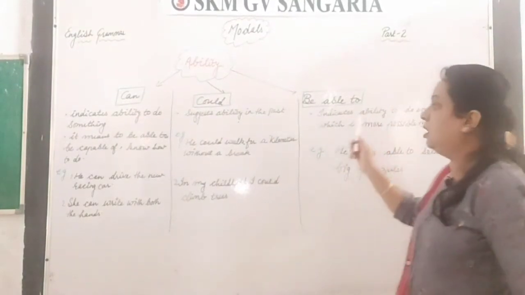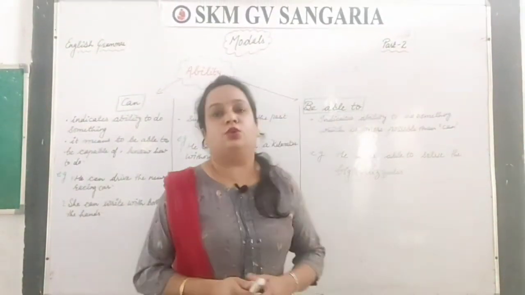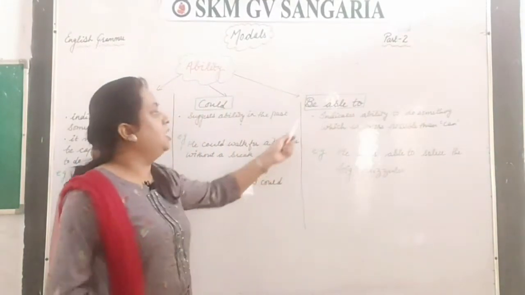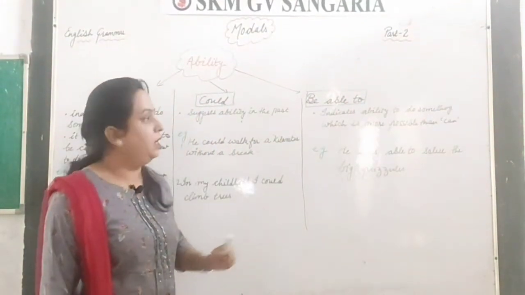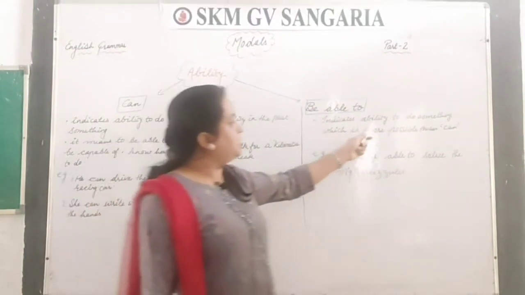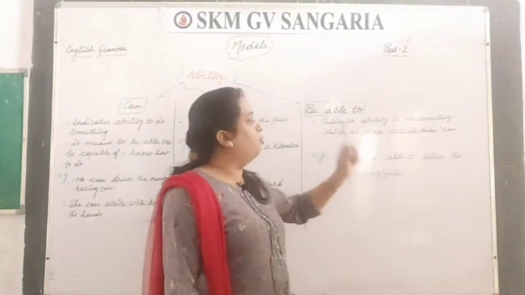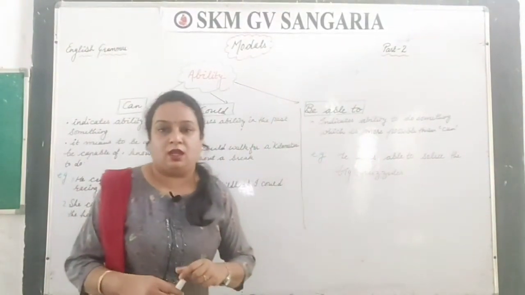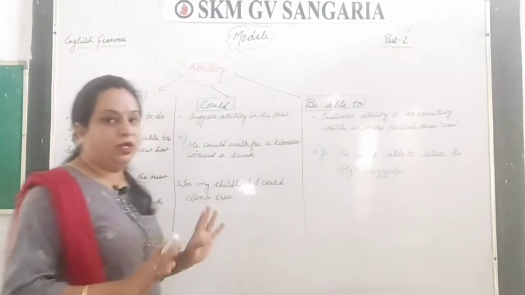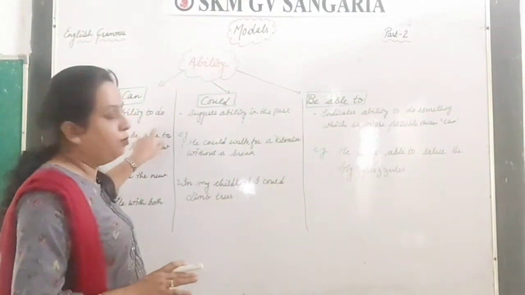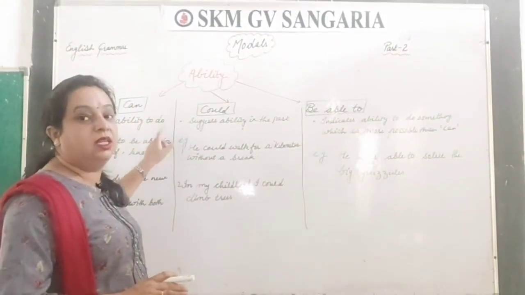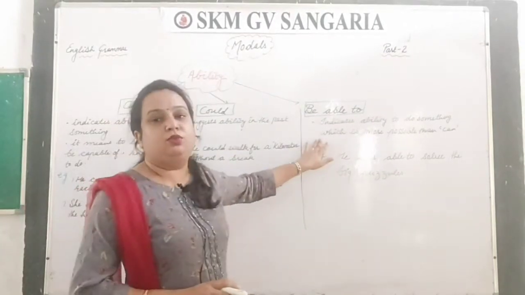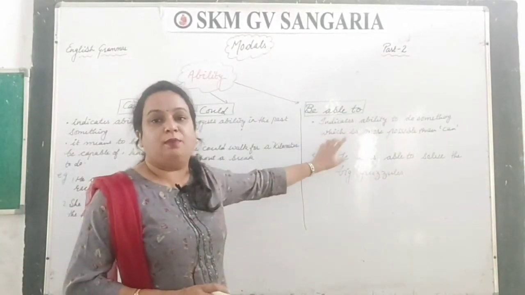Now, next we have be able to, to show possibility. It indicates the ability to do something which is more possible than can. You have to get the difference. When there is more possibility than can, then you have to write be able to.